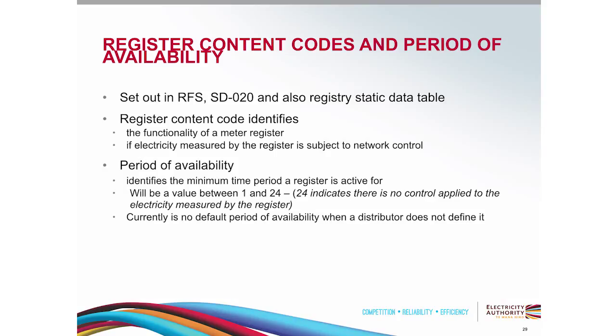What's the period of availability? 24, exactly. If we had a distributor who said to be eligible for this particular tariff, you must be prepared to forego electricity for up to 5 hours a day, the register content code would be CN, but the period of availability would be 24 minus 5 equals 19. So if you had that tariff, you would expect to see register content code in the registry of CN, period of availability 19.